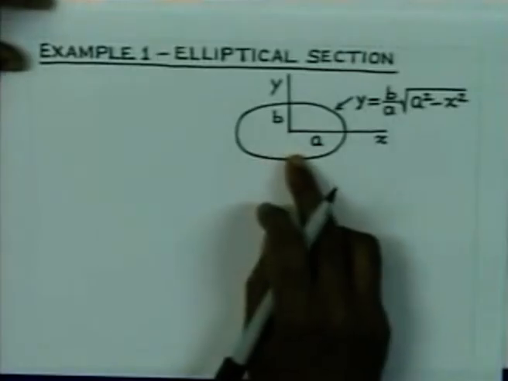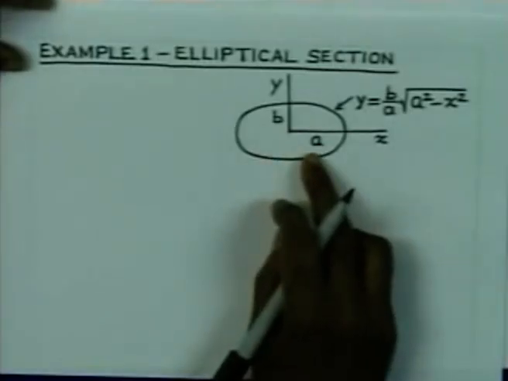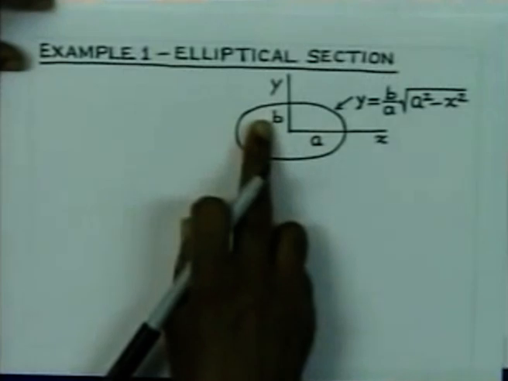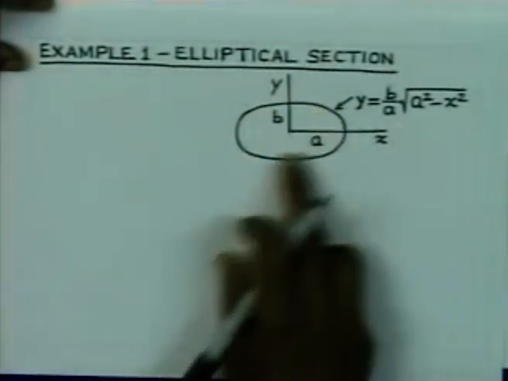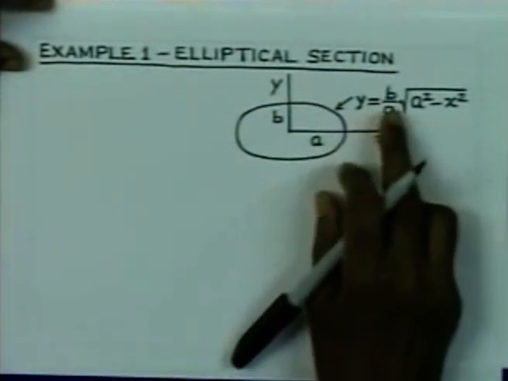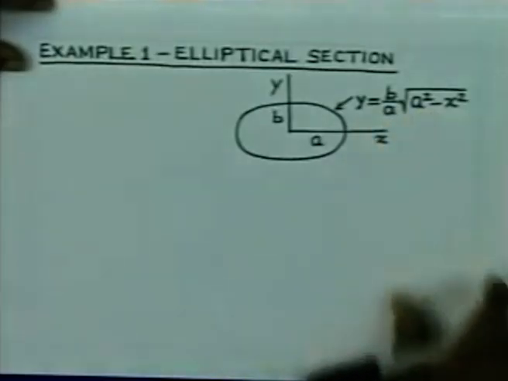Let us say that the semi major axis is a, semi minor axis is b, and therefore this curve is nothing but y equal to b by a root over a square minus x square.